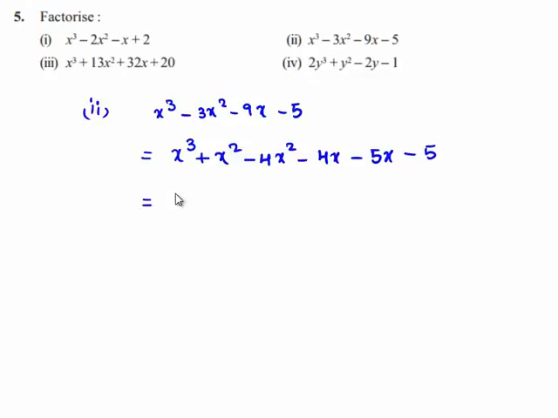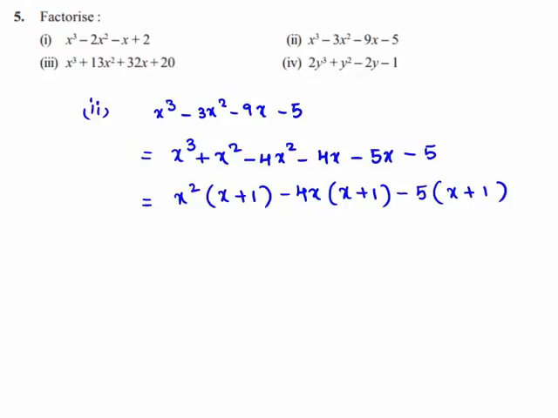This is equal to, so from the first and second terms we can take x square as a common term and we'll be getting x square times of x plus 1. And from third and fourth term we can take minus 4x as a common, we'll be getting minus 4x times of x plus 1. From the fifth and sixth terms we can take minus 5 as a common, we'll be getting minus 5 times of x plus 1.